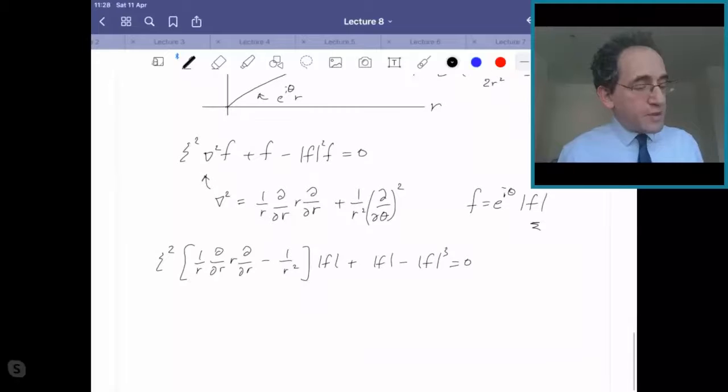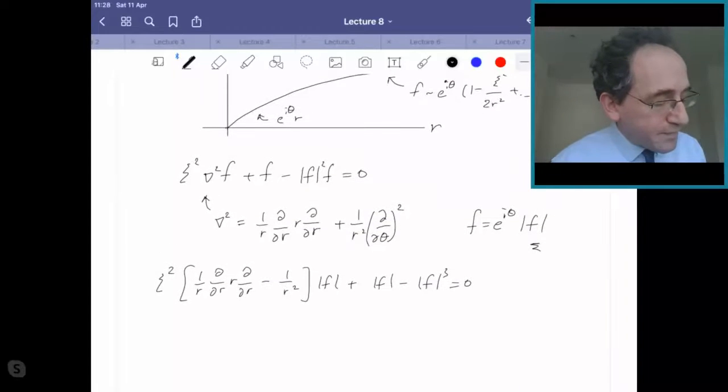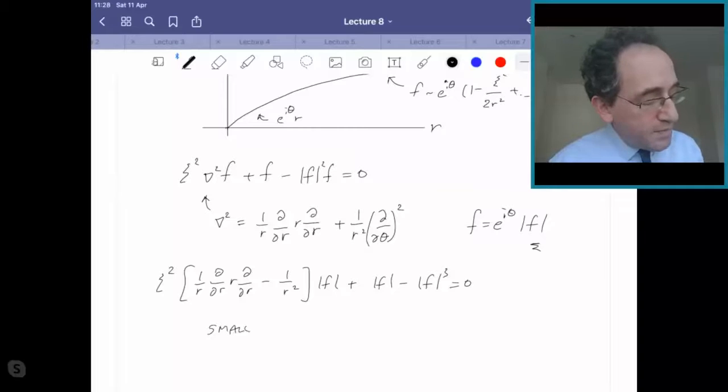And for small r, for small radius, absolute f is small. So you can drop the quadratic term, drop this term.